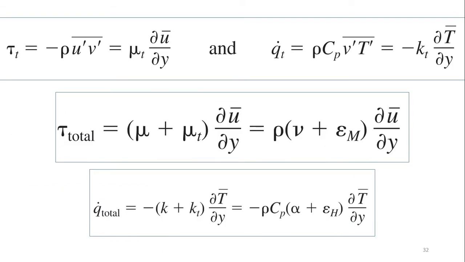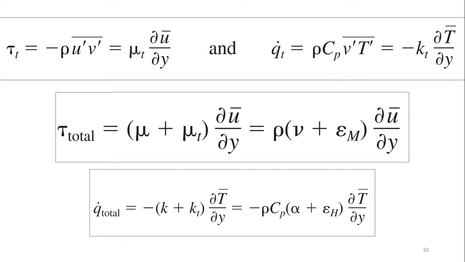Consider the upward eddy motion of a fluid during flow over a surface. The Reynolds shear stress can be expressed by this expression, where mu t is the dynamic viscosity for the turbulent region, multiplied by the velocity gradient. Similarly, we can express the heat transfer for the turbulent region by this expression, which we have already studied in previous lectures.